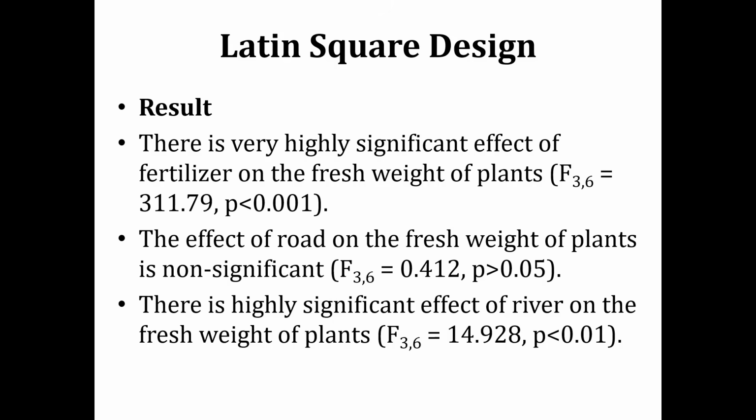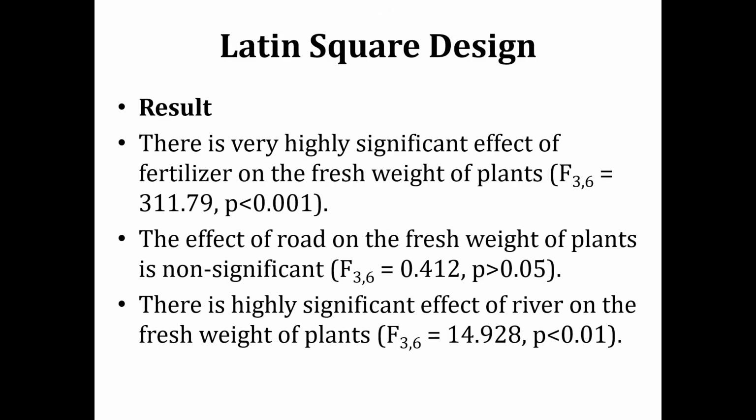So this is our Latin square design, and the Latin square design handles two additional sources of variation besides treatment. Treatment is obviously our main source of variation, our source of variation of interest. But if we are doing an experiment in the field and we encounter two other sources of variation that cannot be controlled by changing the experimental conditions, we have to calculate their individual effects, and we can do that by making blocks according to the gradients of those two sources of variation.